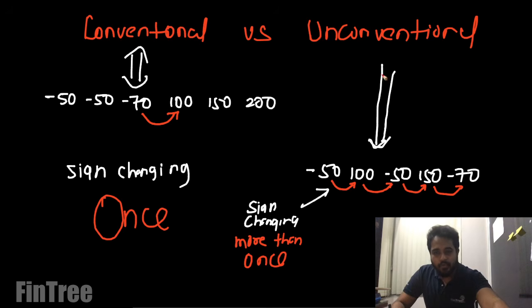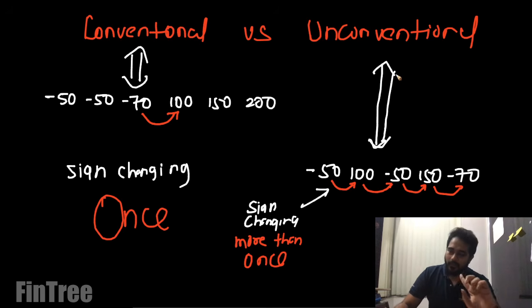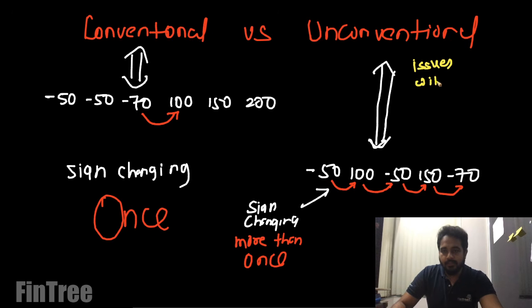Now why do we need to know whether a cash flow is conventional or unconventional? If you remember a bit of your level 1 corporate finance, if you have an unconventional cash flow, then you would have issues with, you tell me, issues with what? There's one particular number you cannot calculate very comfortably with unconventional cash flow.